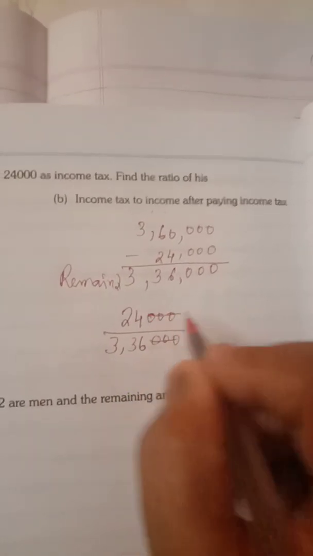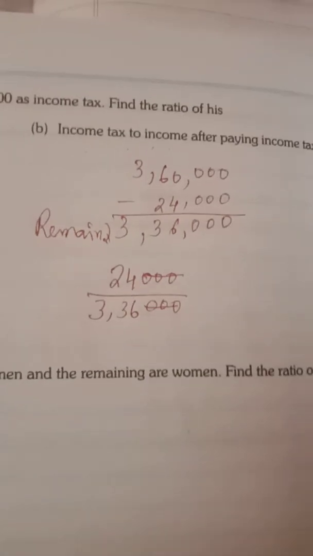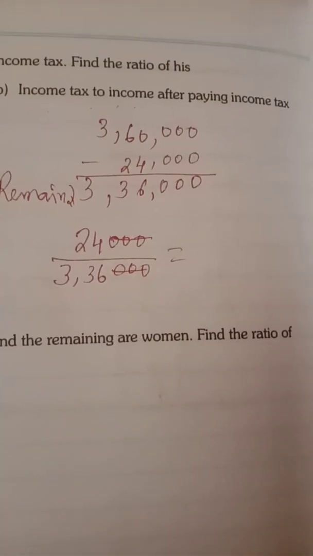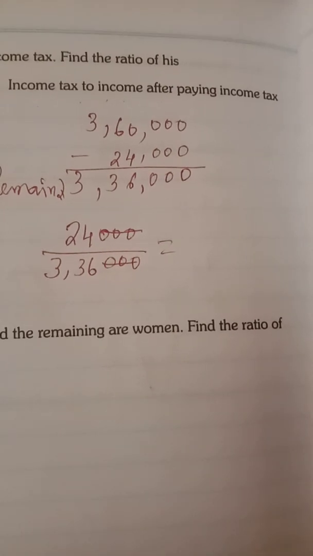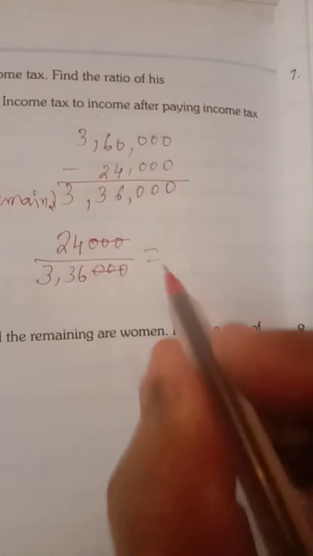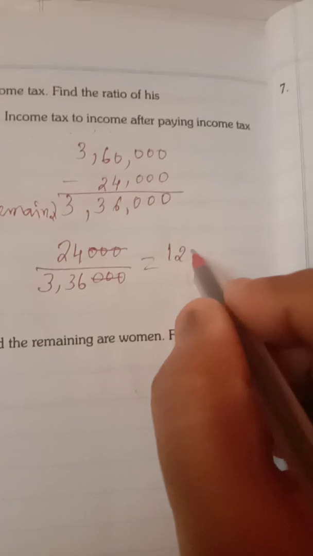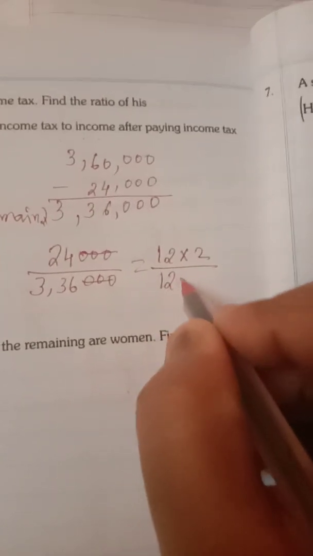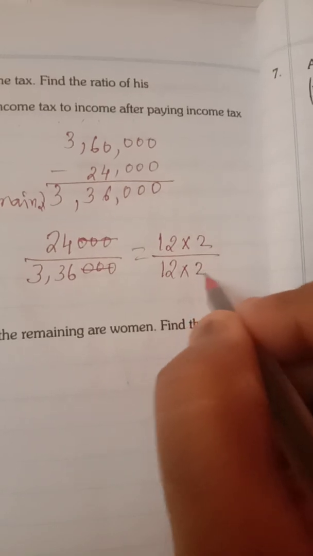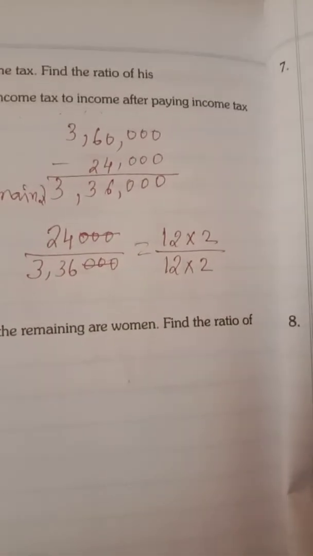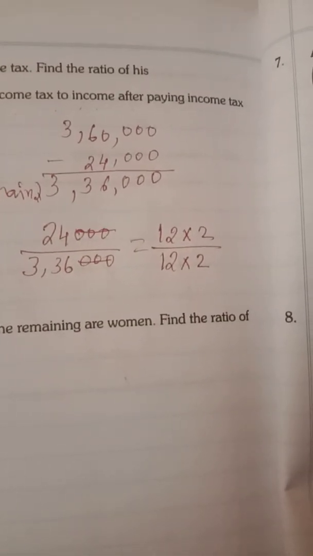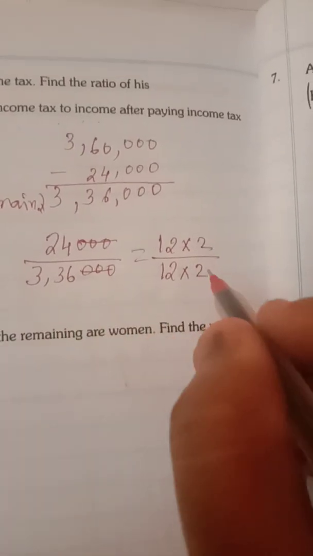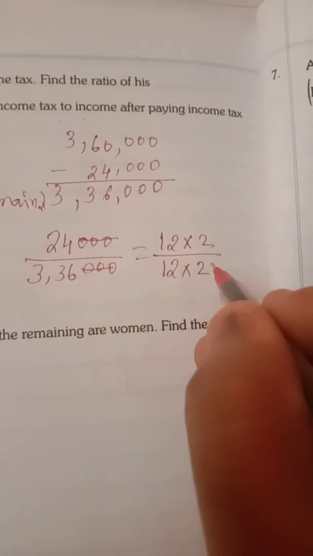Cut the zeros. Divide by 12. 12 2s are 24. 33 minus 24 is 9, and 6. 12 8s are.